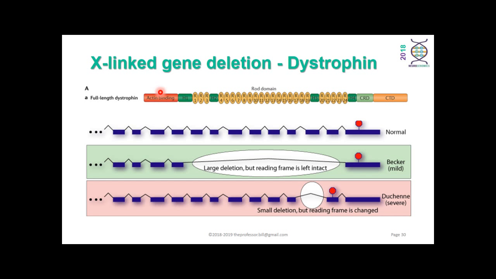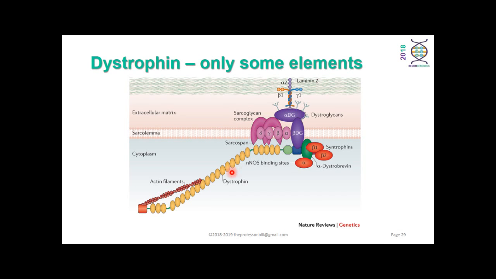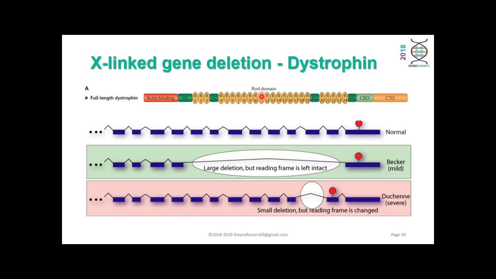What are affected, though, which is actually of use to us, are the domains that you see here, these rod domains, with all these different repeating regions that I showed you on the previous slide. These are the ones that make some forms of dystrophin just a little bit shorter or not quite as complete. And we know that there are different types of deletions that can occur.